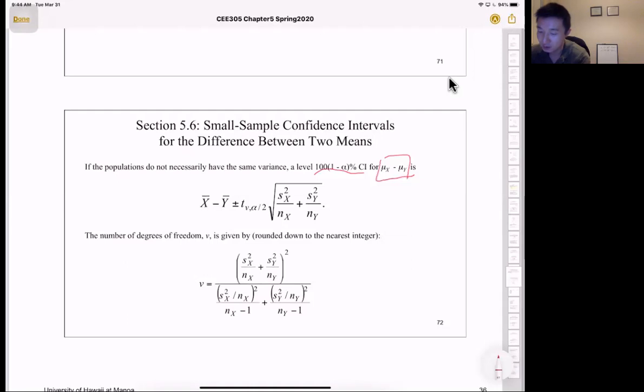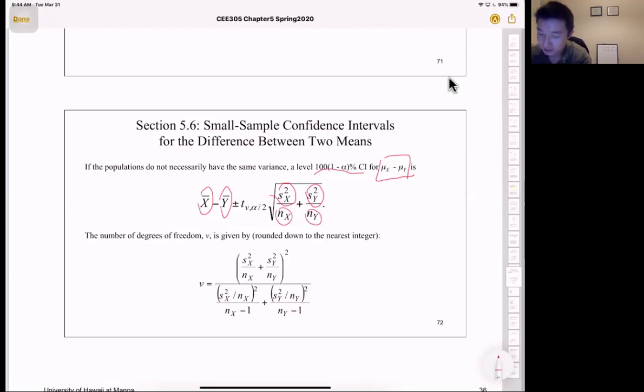The range is the sample mean for X minus the sample mean for Y, where Sx is the sample standard deviation for X, Sy is the sample standard deviation for Y, nx is the sample size for X, and ny is the sample size for Y.